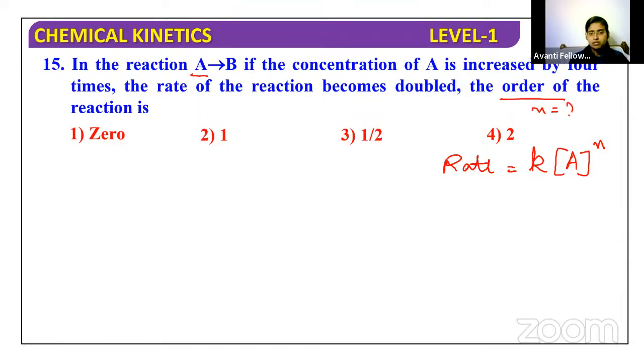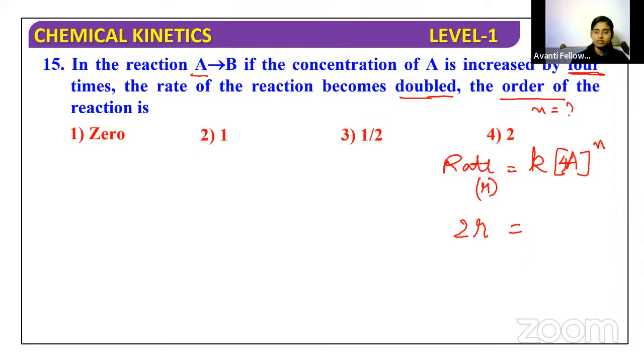So what is the given information? If I increase the concentration of A by 4 times, the rate is doubled. If I take this rate as R, by increasing the concentration to 4 times, it is becoming 2R. So what could be the order of this reaction?